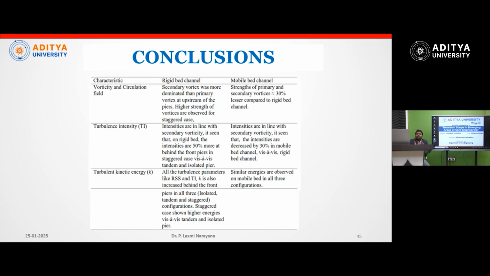From the vorticity and circulation, I can say the staggered case has the maximum strength of the vortex, very, very high compared to the tandem and isolated cases. It is observed that the strength increased by 30% in the staggered case, and the intensities and turbulent kinetic energy are saying the same: 30 to 40% higher intensities in the staggered case compared to tandem.